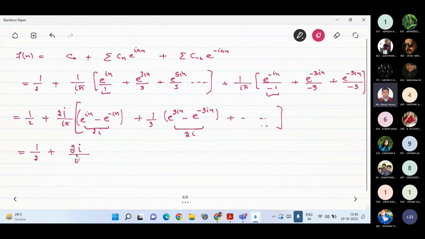So 2i divided by iota pi, and inside it is sin x plus sin 3x by 3, and the next term would be sin 5x by 5. So finally the Fourier series expansion is coming like this.